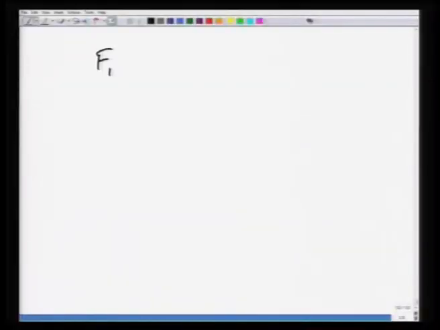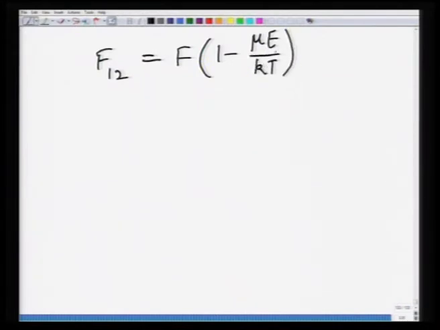So, the probability of jumping to both sides also changes. When you apply field, then F12, which is the probability from 1 to 2, will be F multiplied by 1 minus mu E by kT, and mu E, as you know, is the energy. If you recall module 4, when we did the calculation of dipolar polarizability, mu E defines the dipole potential energy.